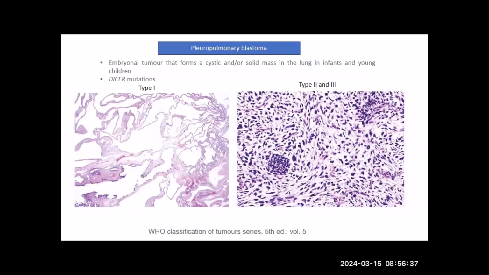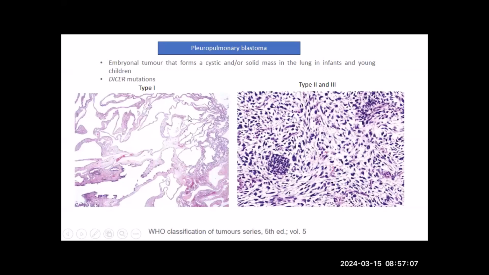So, coming to mesenchymal tumors, I will just touch upon pleuropulmonary blastoma, because other entities are very rare, and sometimes there are some chondromas and hamartomas. Pleuropulmonary blastoma is seen in young children and characterized by DICER1 mutation. It is of type 1, type 2, type 3.